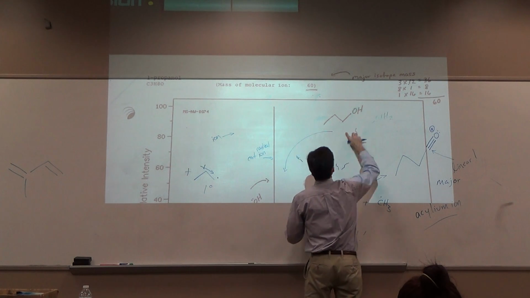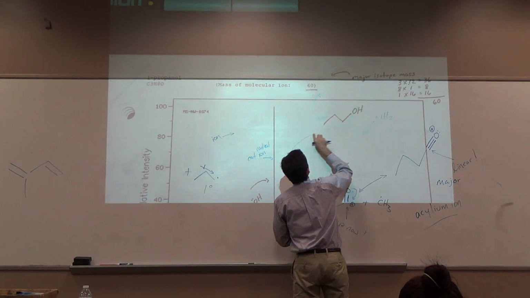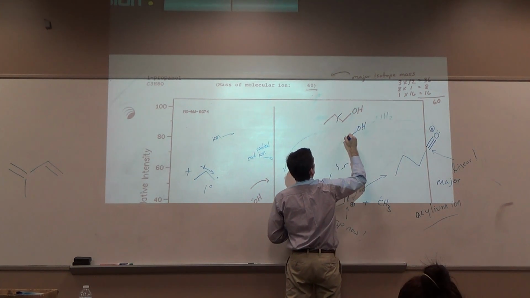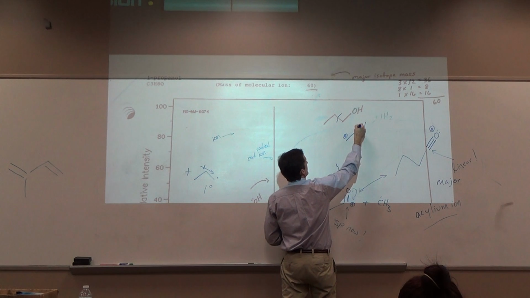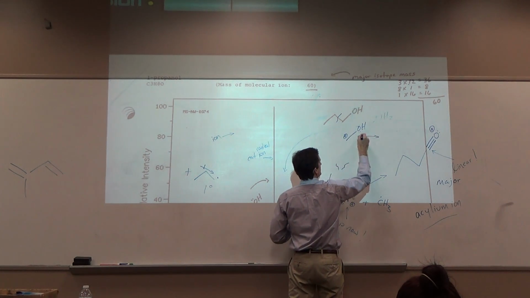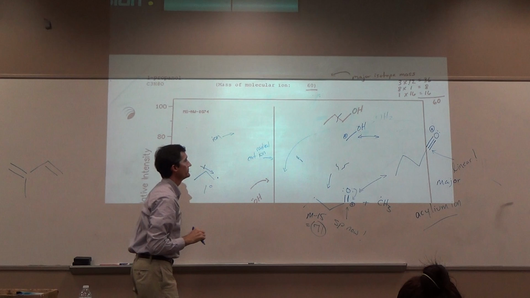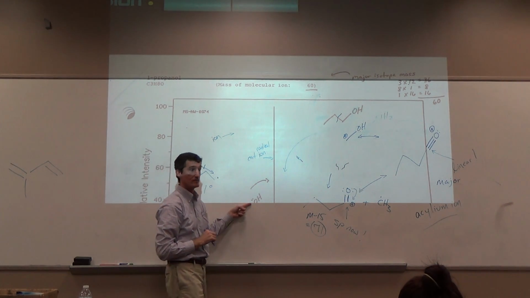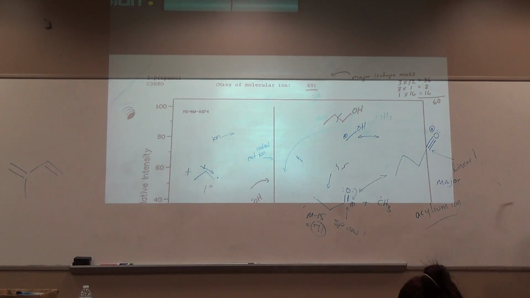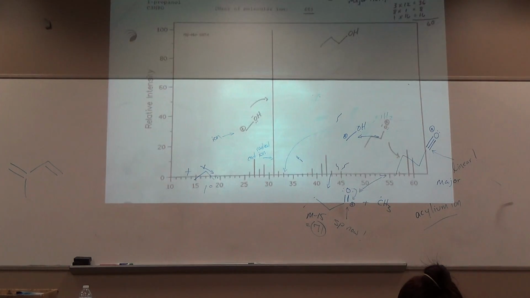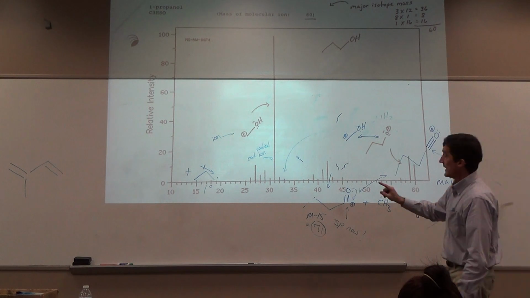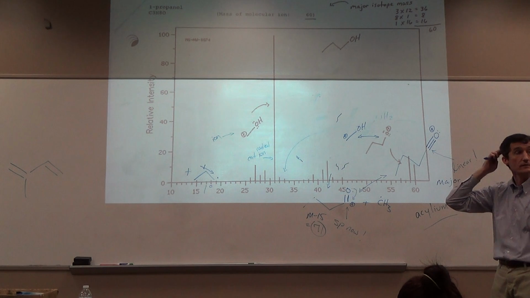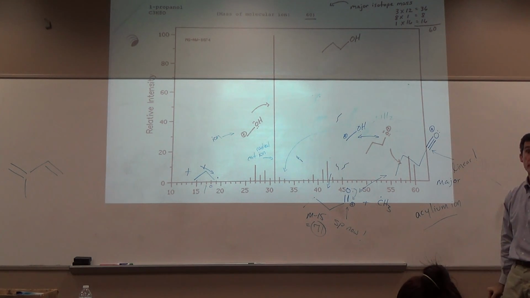Where do you want to make the cation? Yeah, so cleave here to get that cation, resonance stabilized, right? That's probably what I got drawn right there. And what's the mass of that? If you add it up, it's 31. So that's the base peak. Cleave where you're supposed to cleave.